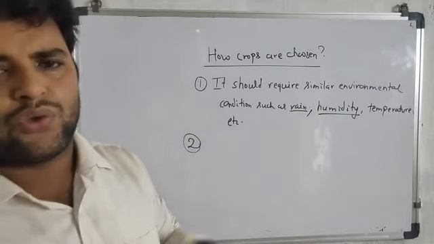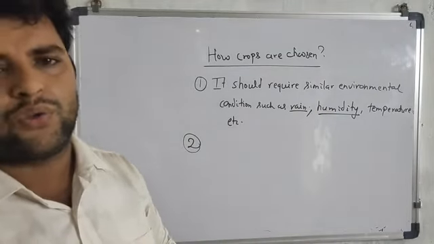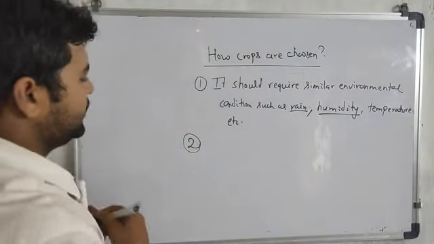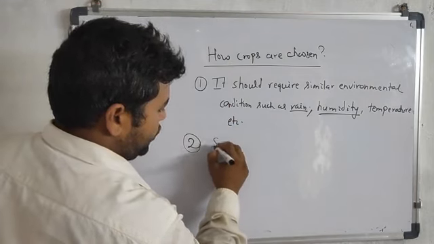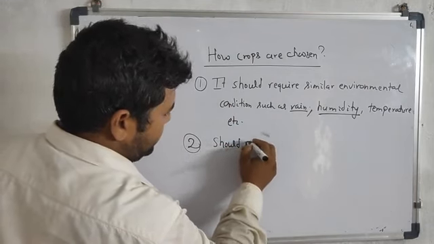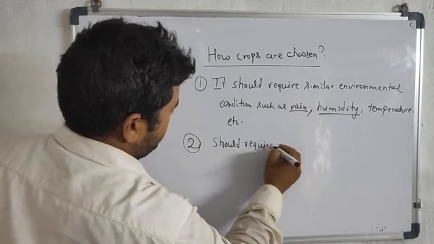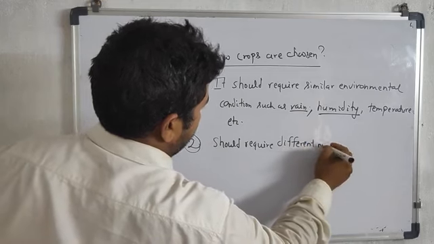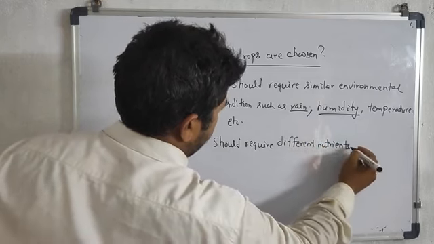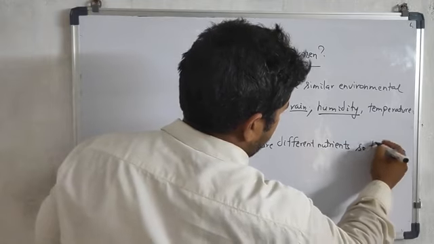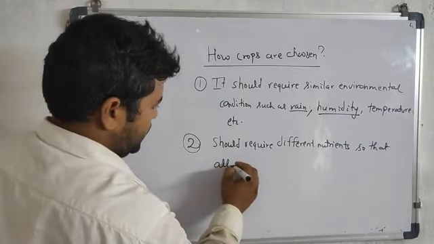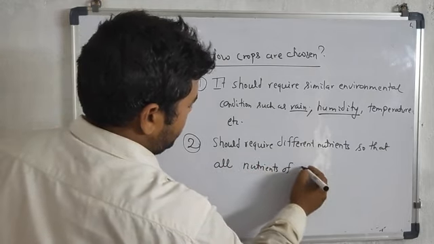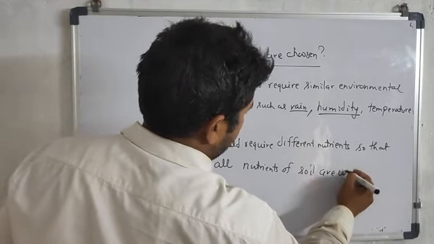As we know that one crop is taking one nutrient and another is taking another nutrient, so the nutrient requirement must be different, so that all the nutrients of the soil can be utilized by the crops.